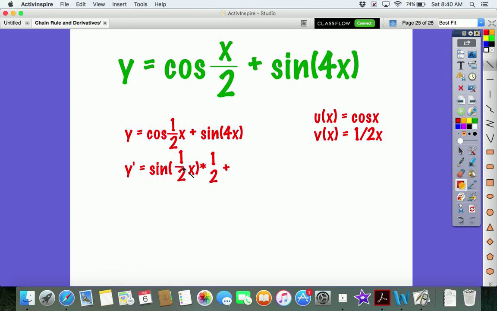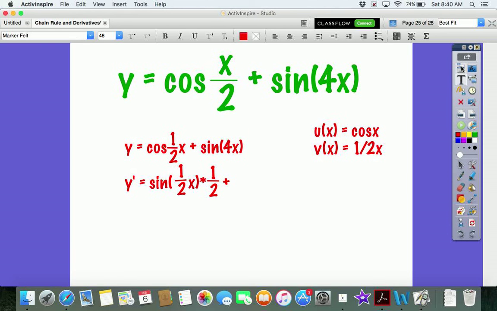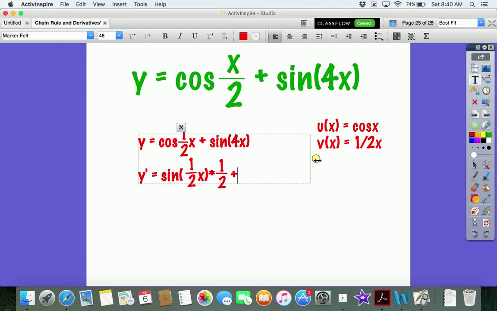Then we also have to do the same thing for the second half, the sine of 4x. Our outside function is sine x, and our inside function is 4x. When we take the derivative, the derivative of the outside is cosine of x.